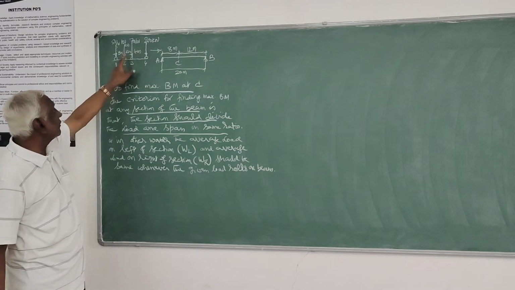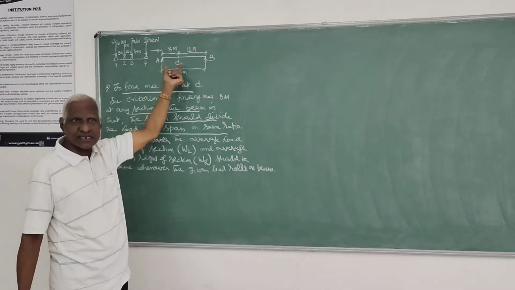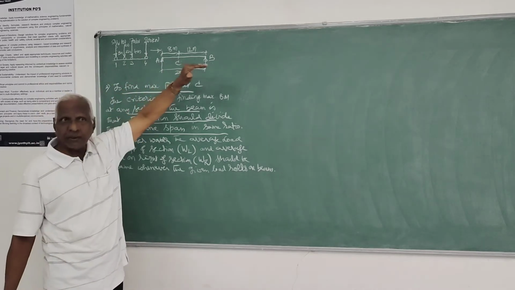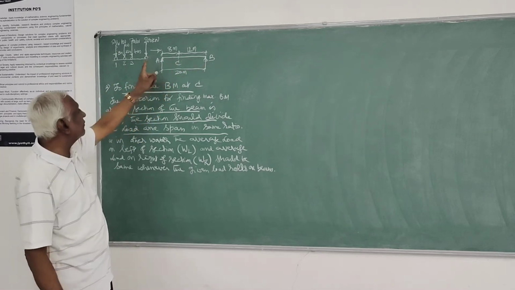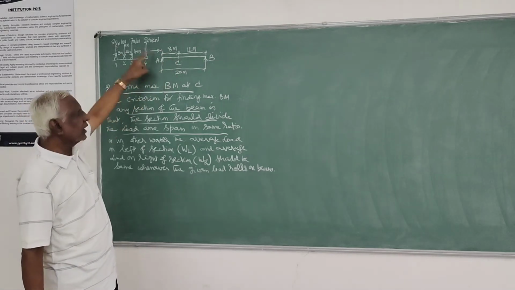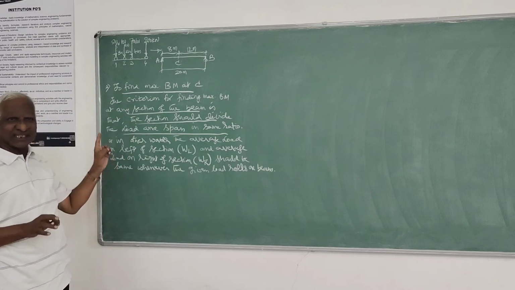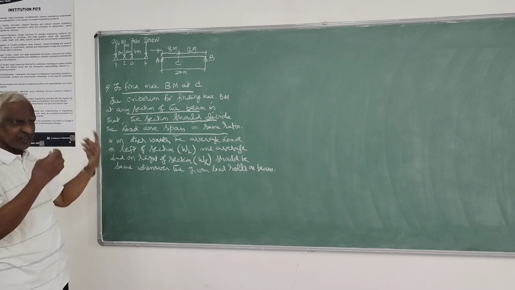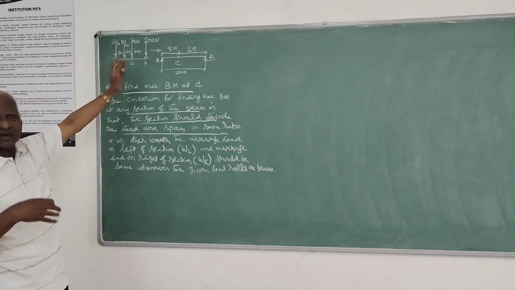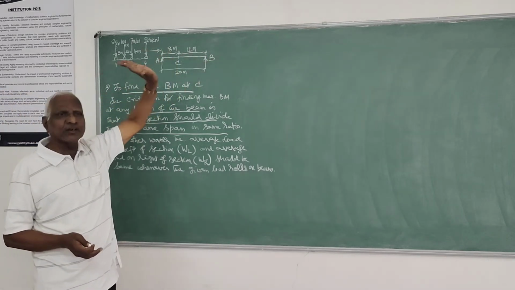Here, the total length of the load is 9 meters, whereas the section is 8 meters from the left. If I allow the load to move from left to right, then for the first trial, when I keep the right extreme load at the section, one of the loads will go out of the span, so that we should not consider. Of course, even if you do it, it doesn't matter, but it will give a sort of confusion. So let us take the load moving from right to left.